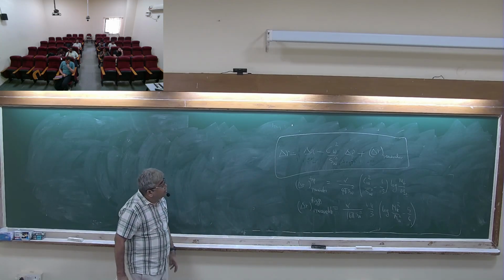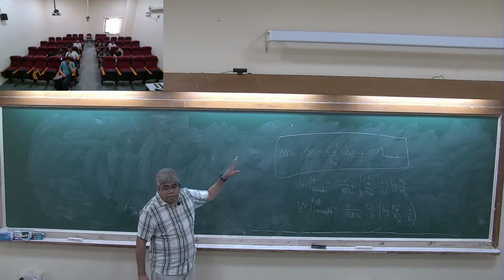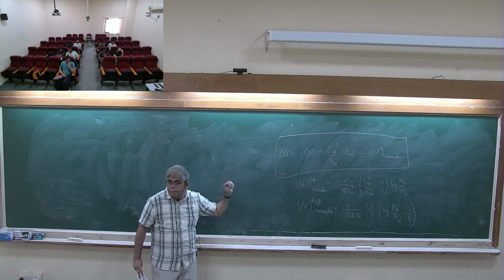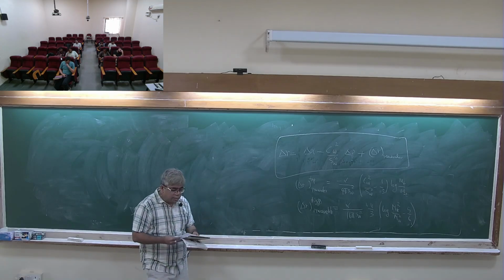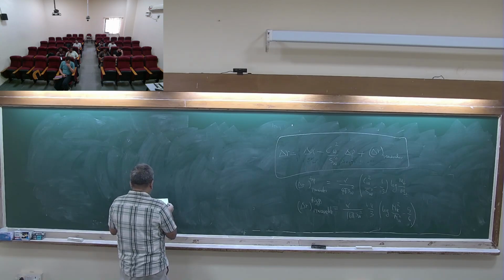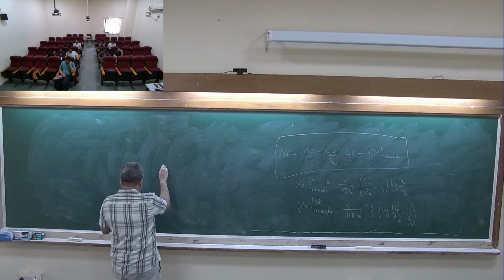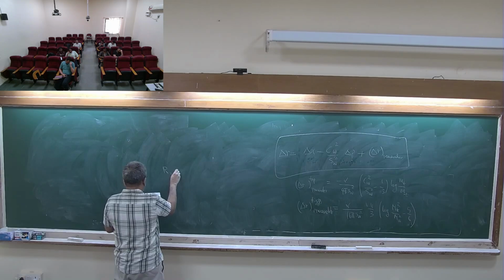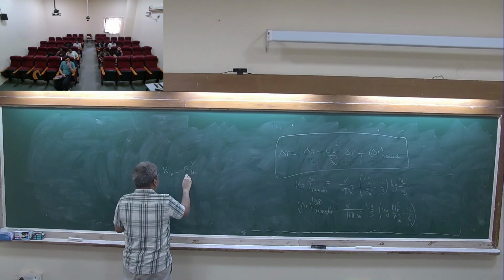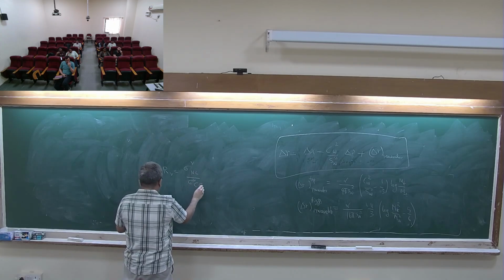Okay. Now sin square theta W, the main measurement is coming from neutrino scattering, charge current versus neutral current essentially. So you can see R nu is equal to sigma nu neutral current by sigma nu charge current.